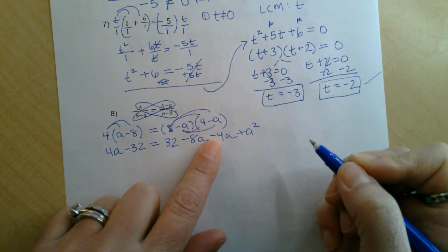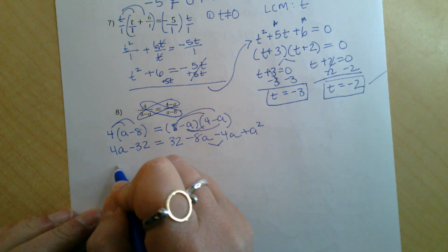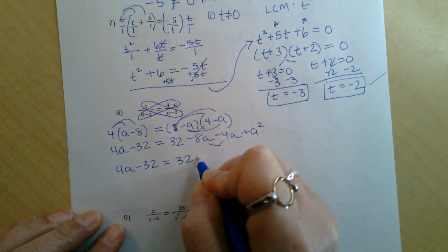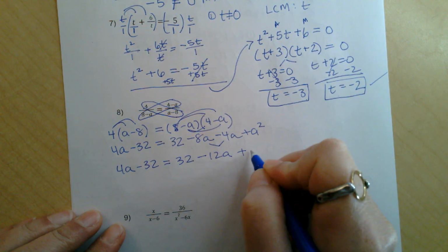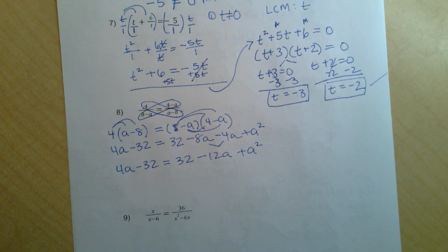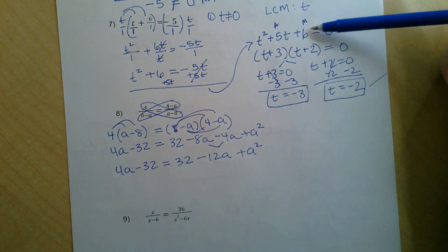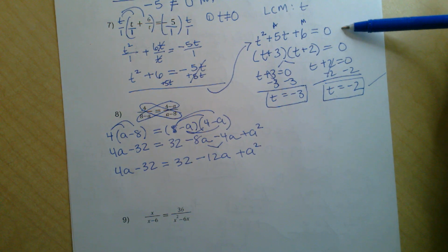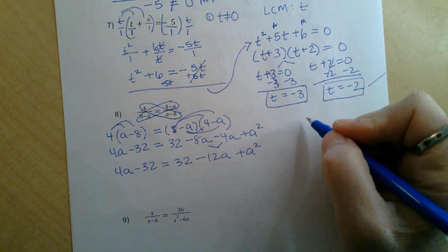I see I have some like terms over here that I can combine. So 4a minus 32 equals 32 minus 12a plus a squared. All right, now let's get it so that we have something that looks like this where it's set equal to 0.